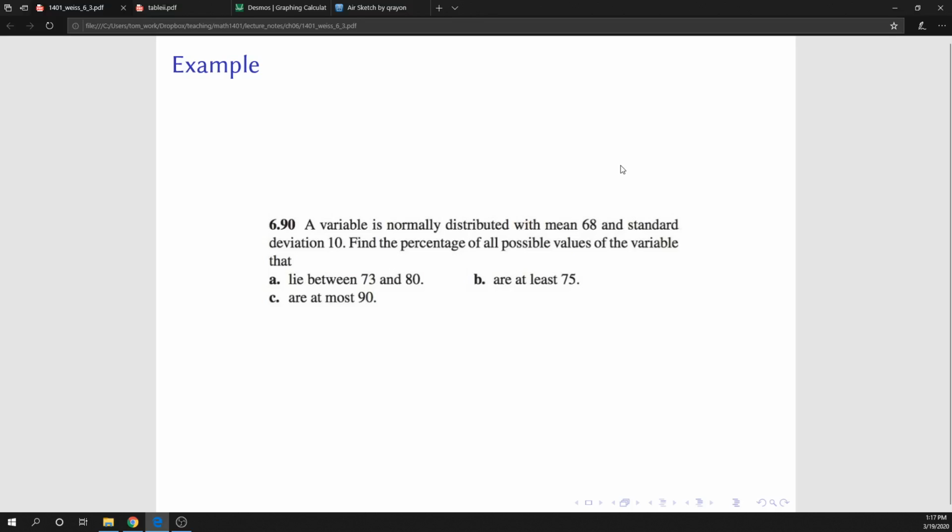The mean is 68, and the standard deviation is 10. In part A, we want to find the probability or percentage of values that lie between 73 and 80.